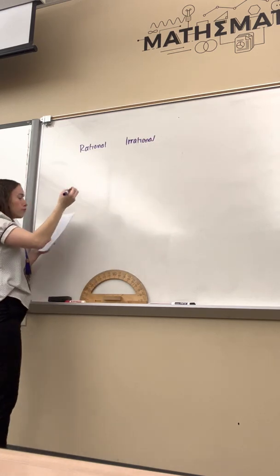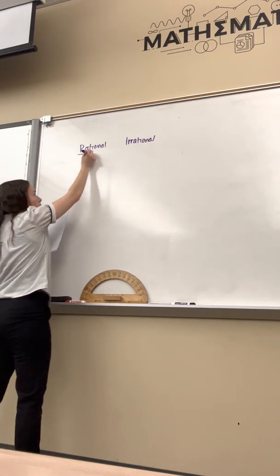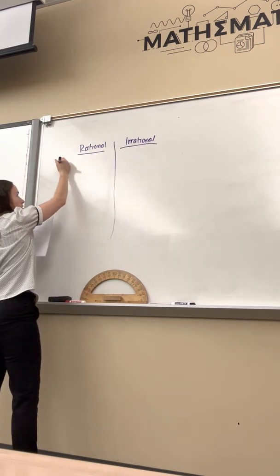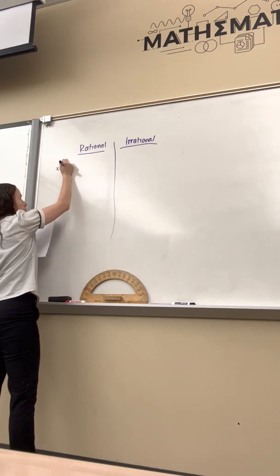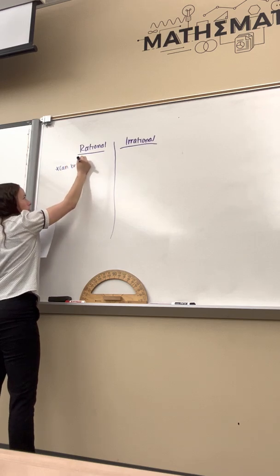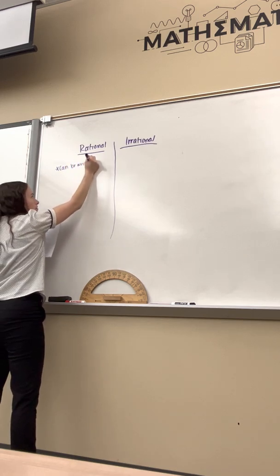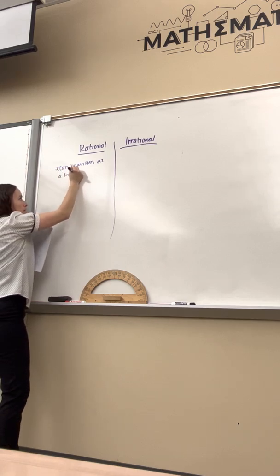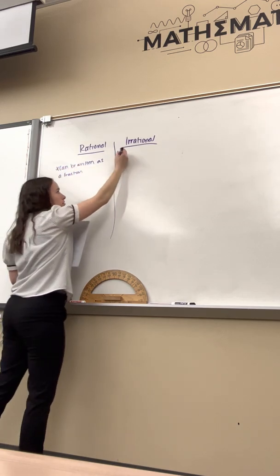Okay, so a rational number, and all I'm going to do is give examples here and a quick definition. So rationals can be written as a fraction. And then irrational numbers cannot.